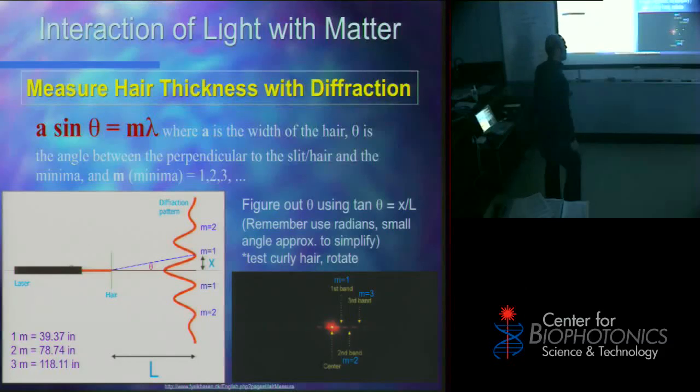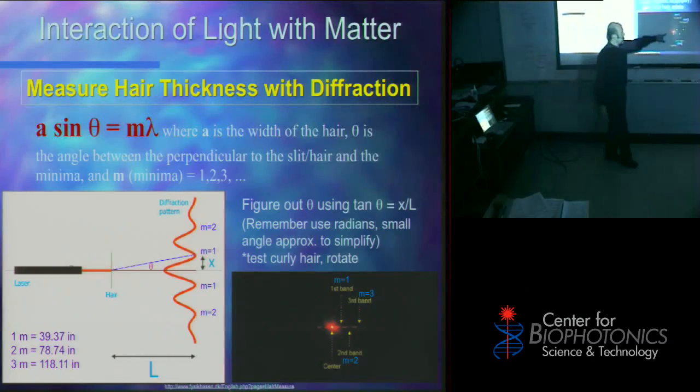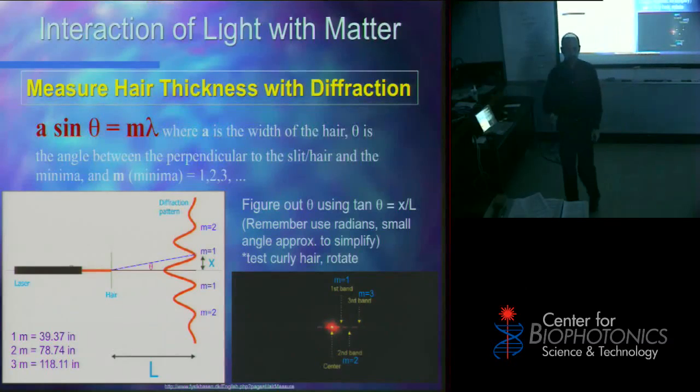You guys remember that if I shine a laser on a hair, I'll get a pattern of light and dark. This is supposed to signify light, dark, light, dark, light, dark. Okay? This is just a way of showing that kind of a pattern. This is an actual representation of that pattern. See the bright spot in the middle, dark, light, dark, light. You guys see that pattern? You guys remember seeing that pattern the other day?